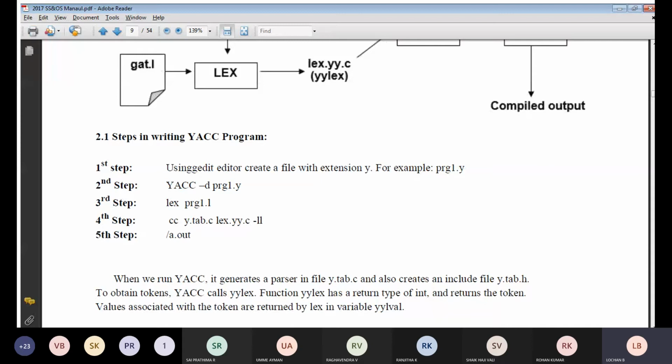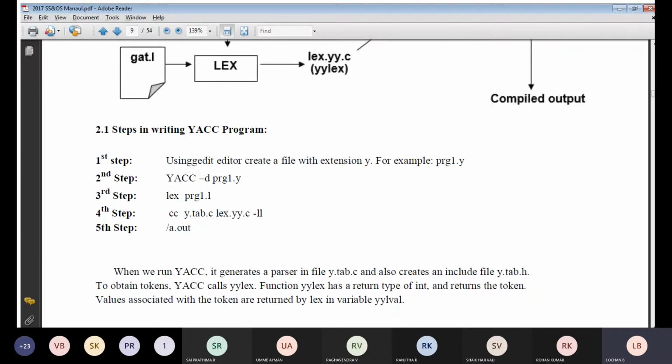I'll repeat once again: basically we are going to make a communication between your lex program and your yak program. Hyphen ll indicates your link library files, which will link your library files. The last step, as usual, to execute the program, we are going to make use of dot a slash dot out. Okay.